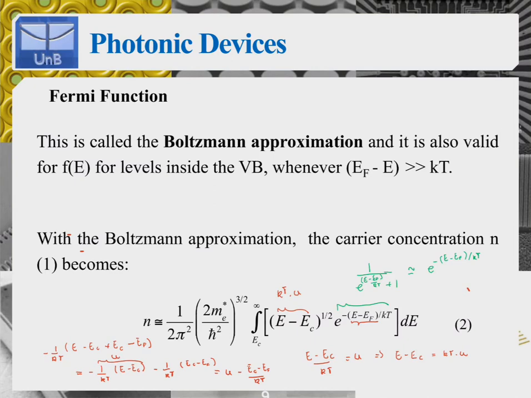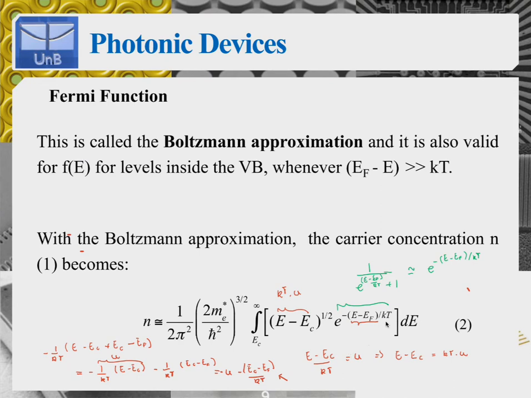Did we leave out anything? There's a minus sign here as well, in parentheses here. But this is the new exponent, right? In terms of U, and EC and EF are constants.